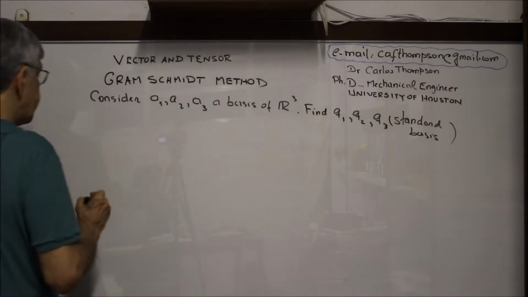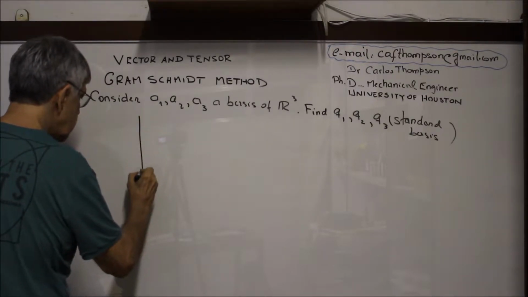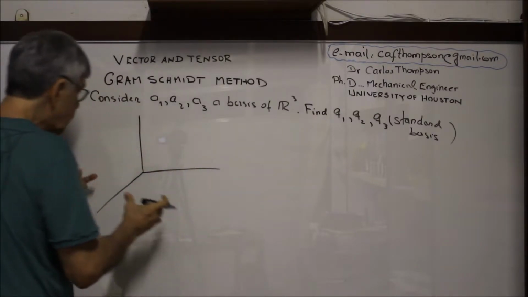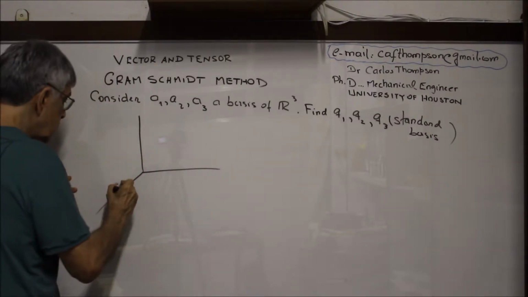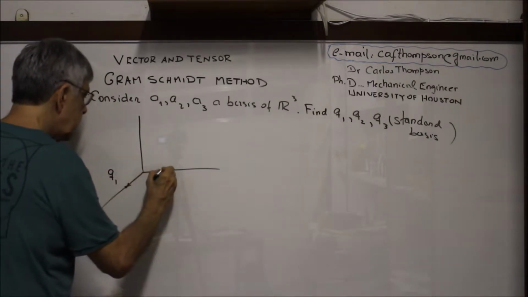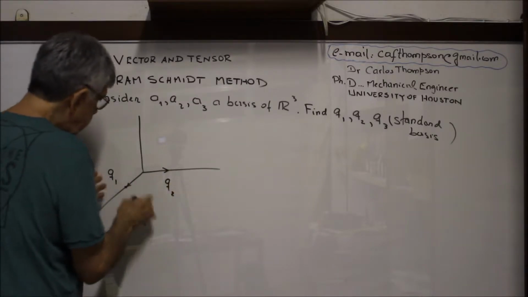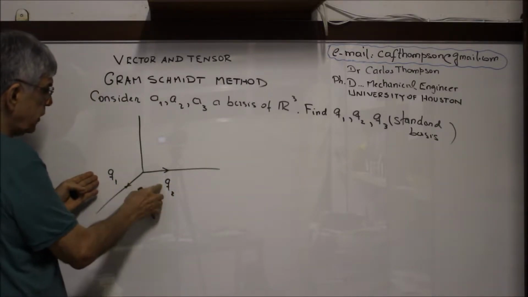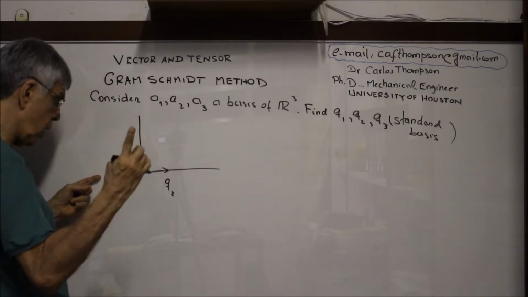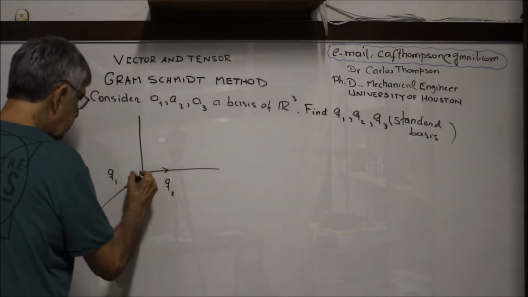Do you remember when, with the two vectors, we got Q1 and Q2, as we did before? The magnitude of Q1 is 1, the magnitude of Q2 is 1, and they are perpendicular.